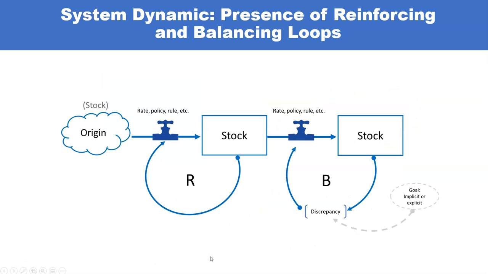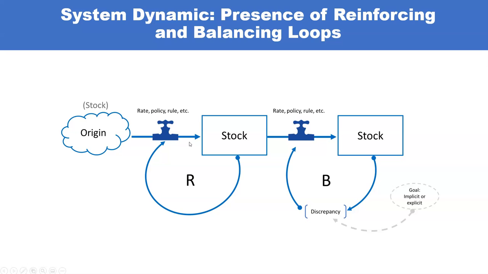In a system dynamic, it's completely possible that both the reinforcing and the balancing loops are present. In fact, that's quite common. And in here, you'll see how that might look, right? So again, a stock comes from somewhere, and we note it as a cloud because we're not going to talk about it so much.